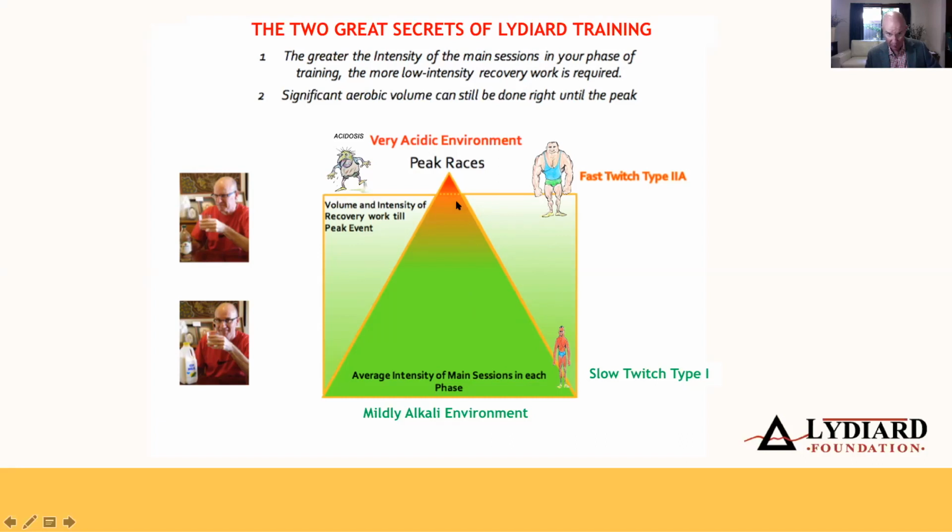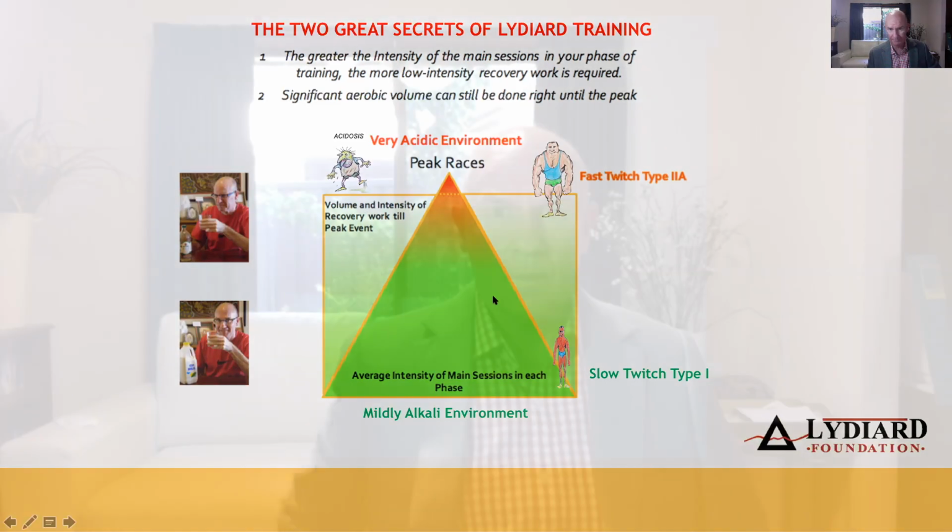If you're recovering really well from high intensity work up here, you need lots and lots of slow twitch aerobic running to ensure that the acid is dissipated back into the bloodstream, back to the liver, to be rebadged and recirculated in the form of glucose or glycogen.